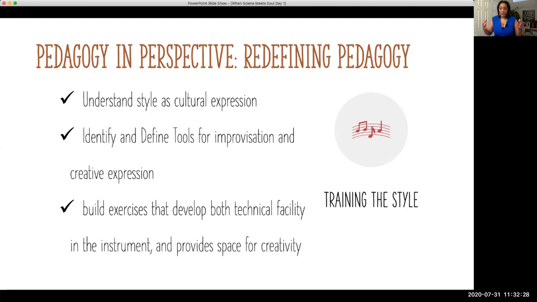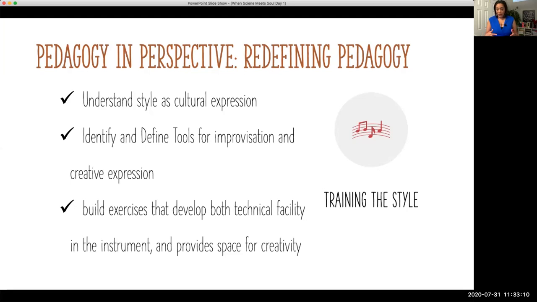We want to identify and define tools for improvisation and creative expression. All genres have a place for improvisation and creative expression. Folk-based, that is. Some people do it as a written out song. In the Black folk-based traditions, we're going to go through all of those basic tools, which are experienced different ways depending on the genre. But I separate those into 5 different areas.